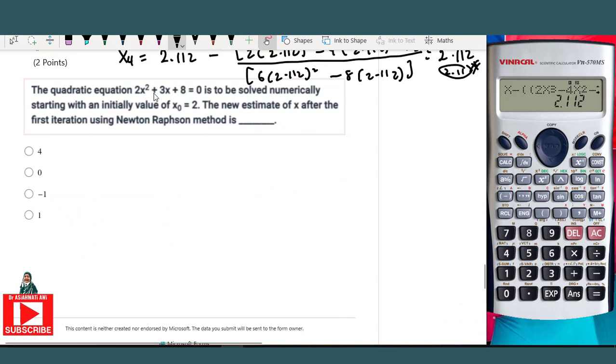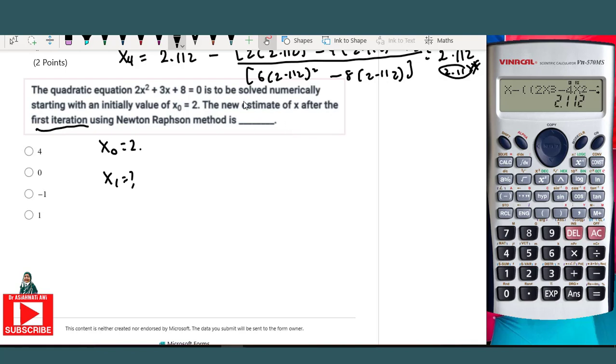The quadratic equation 2x squared plus 3x plus 8 equals 0 is to be solved numerically, starting with an initial value of x naught equal to 2. The new estimate of x after the first iteration, x1, using the Newton-Raphson method. We need to find x1.